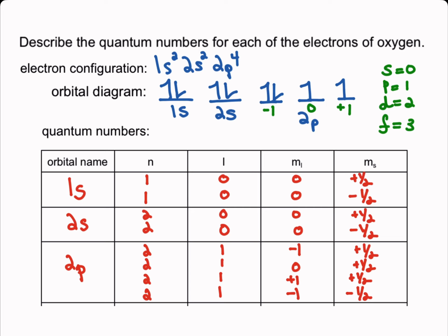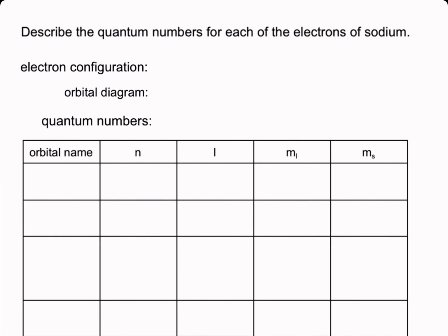Let's take a look at another example. Describe the quantum numbers for each of the electrons of sodium. Sodium has atomic number 11, so we're going to do the electron configuration for sodium: 1s2, 2s2, 2p6, 3s1.